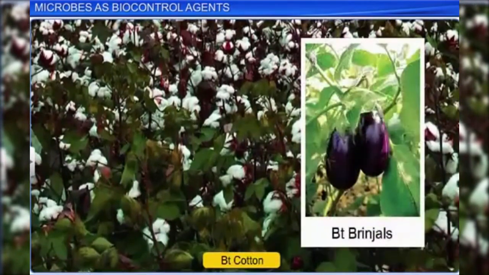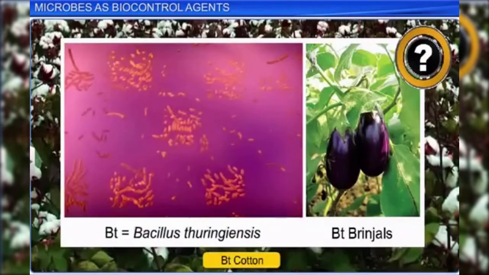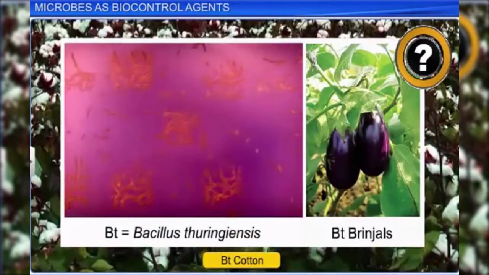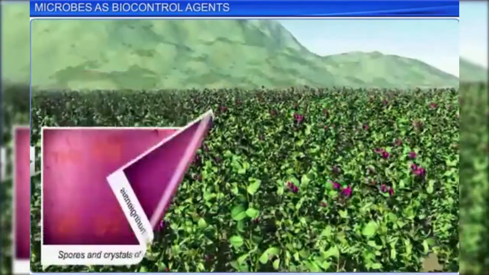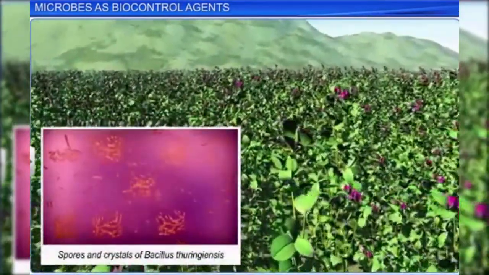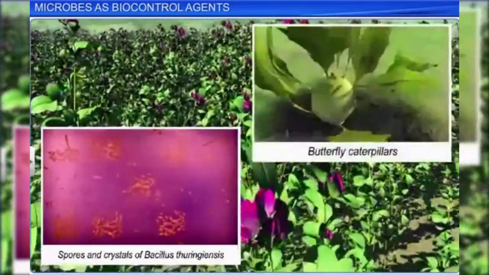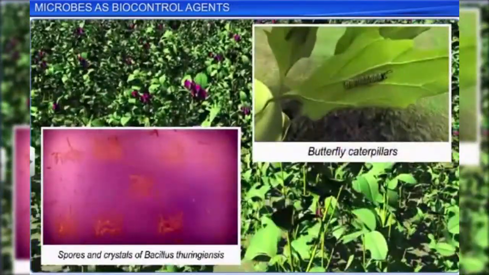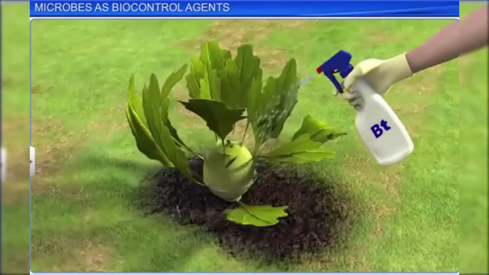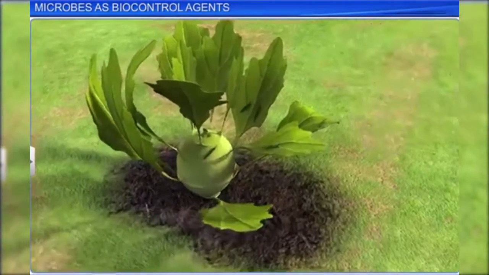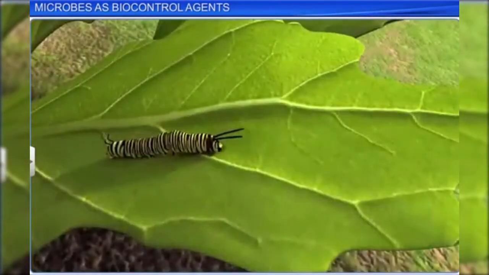Did you know that Bt stands for the bacteria Bacillus thuringiensis? Bt is a microbial biocontrol agent that is introduced into fields to control butterfly caterpillars. Bt is available as dried spores, which are mixed with water and sprayed on plants such as brassicas that are under attack from insect larvae.